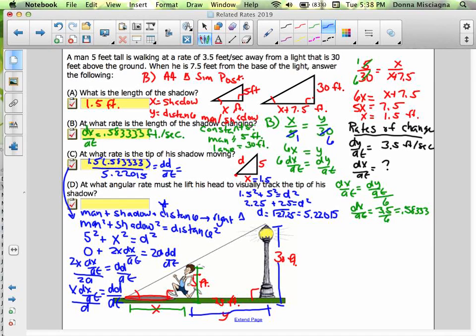If I put in parentheses, I could just hit my previous answer and divide by that whole amount. So we get 0.16762, and this would be feet per second as well.